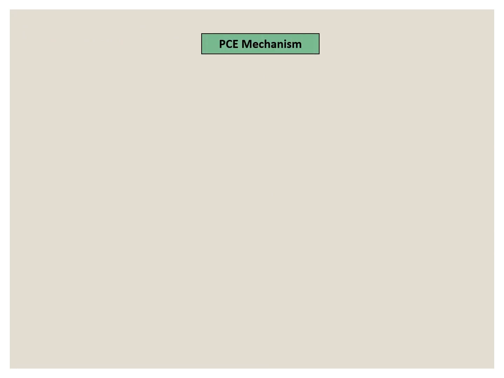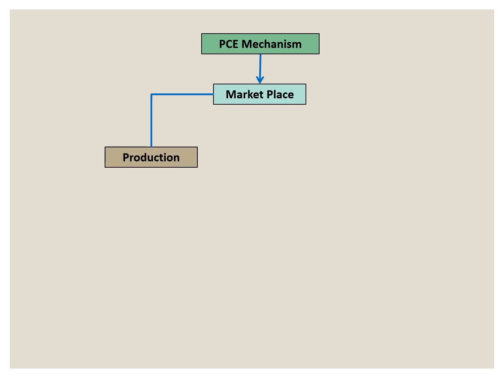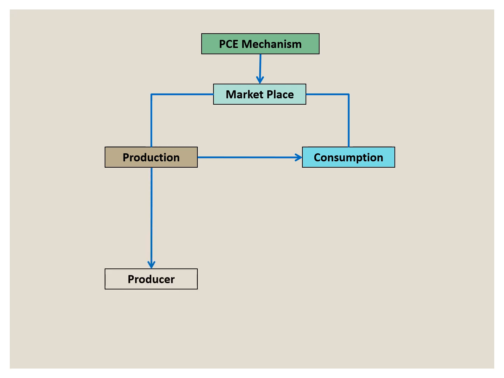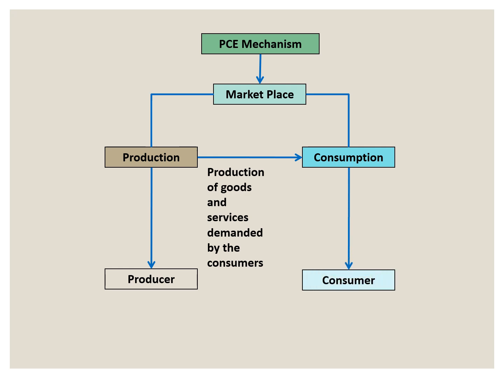Here is a graphical representation of the relationship among different components of PCE mechanism. PCE mechanism is linked to the marketplace. It is closely related with production and consumption. Production depends on consumption. Producers produce goods, and the production of goods and services demanded by consumers determines the consumption.